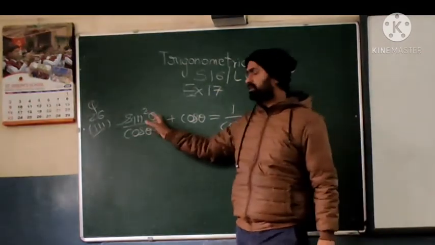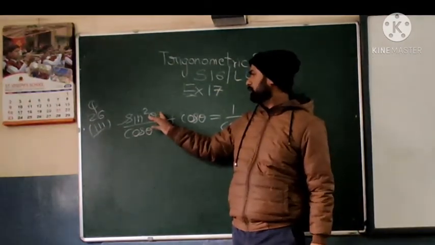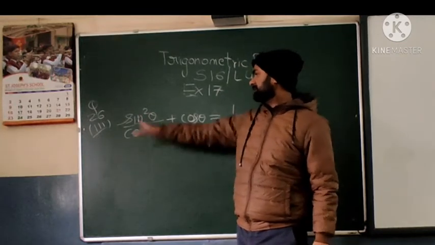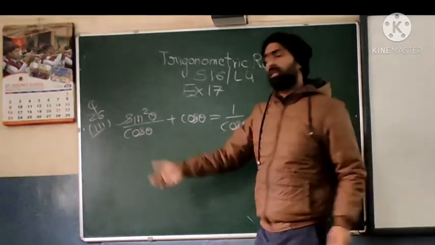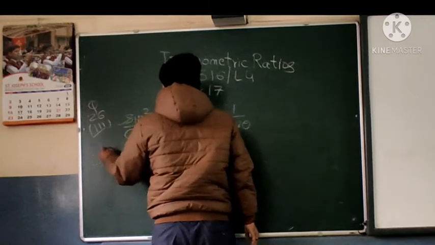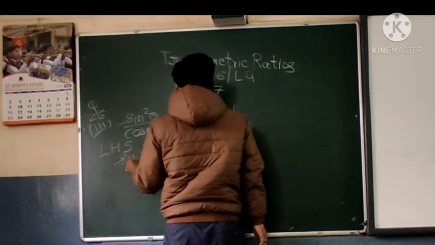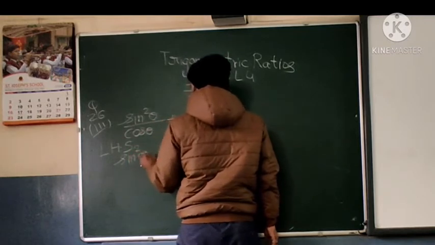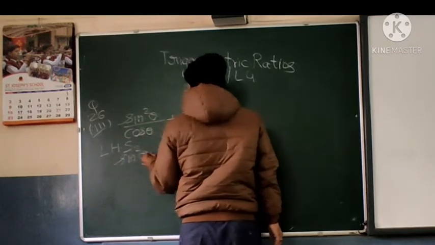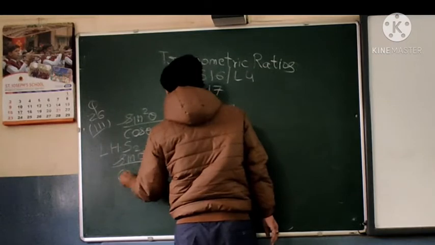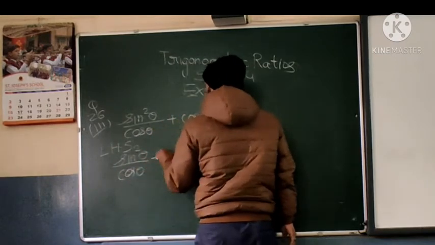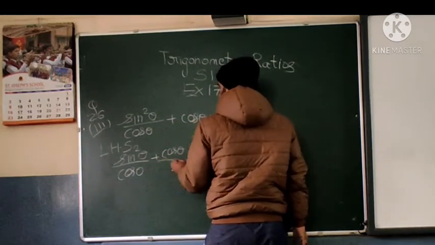There are square ratios, but let us not go with that. This is a fraction kind of a thing. So let us proceed with the left hand side. So we write here LHS will be sin square theta upon cos theta plus cos theta.